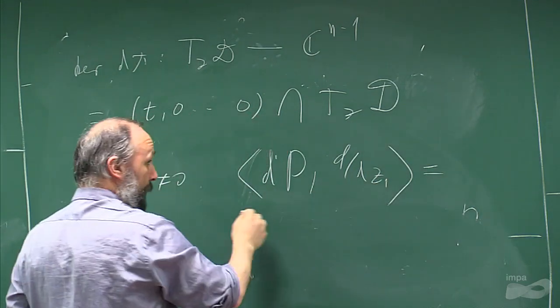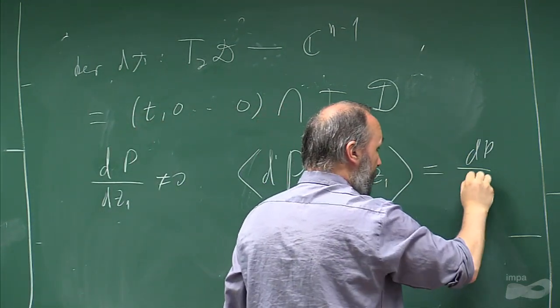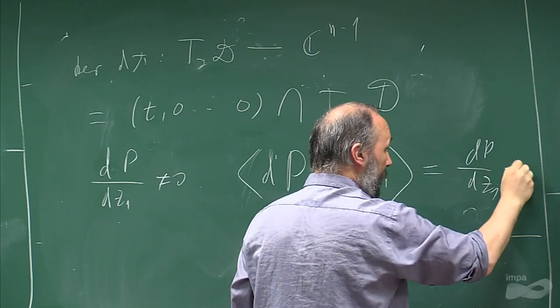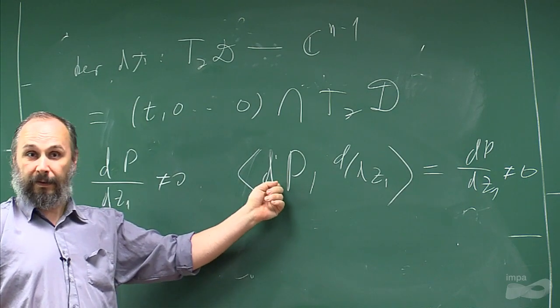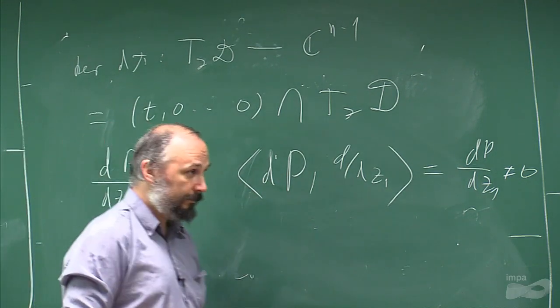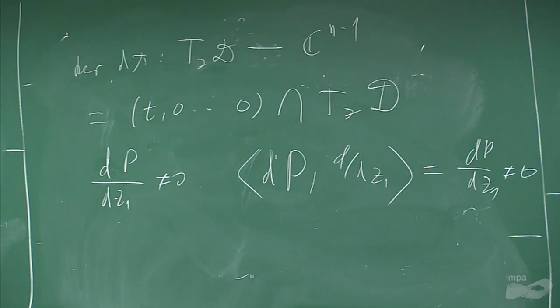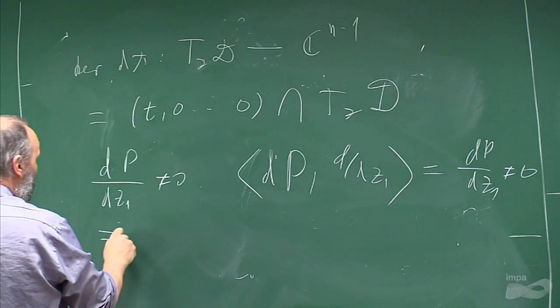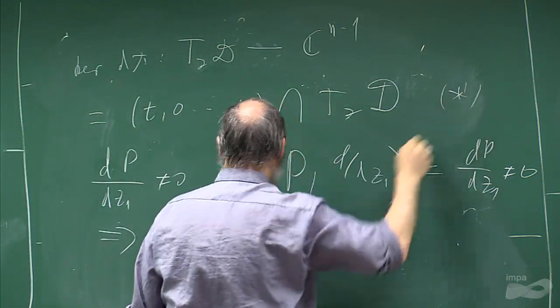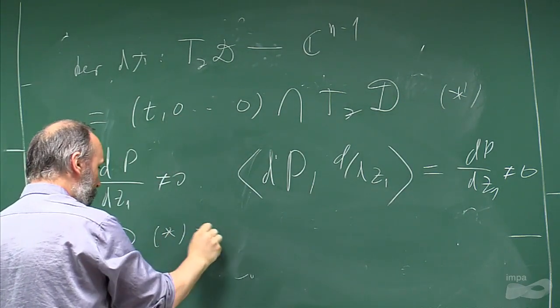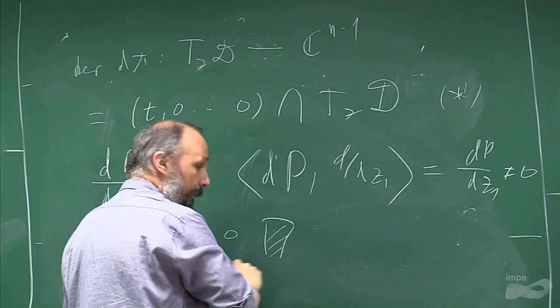This is equal to dp by dz1. This is non-zero. Then this is not in the kernel of this. We're done. Okay. So we obtain that this is non-zero. Then this intersection is equal to 0, and we're done.